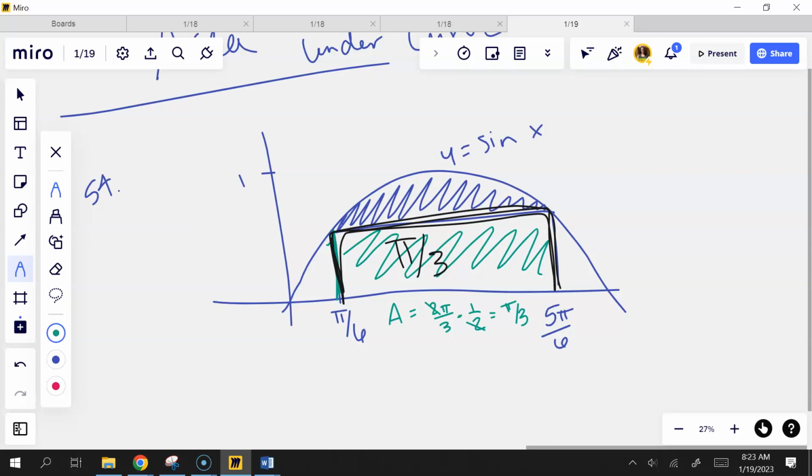Okay, so you're close, but not quite, because it's not quite a semicircle, because look at where I want. I want from here to here, and I just want that top part.